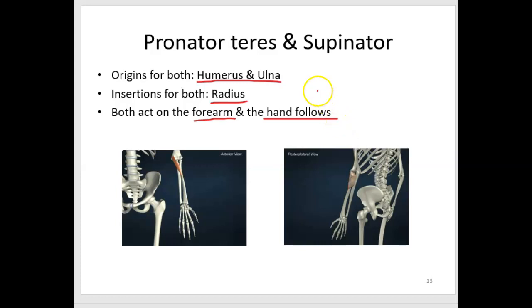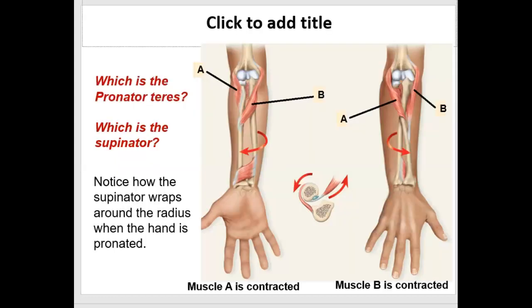But their fibers are going to run different directions, because one is going to pronate and the other is going to supinate. Those are opposing actions of the hand. So one is going to have fibers that run this direction, another is going to have fibers that run that direction. And of course the fibers shorten when they contract. So we're going to look at the next slide and see if we can distinguish the difference.